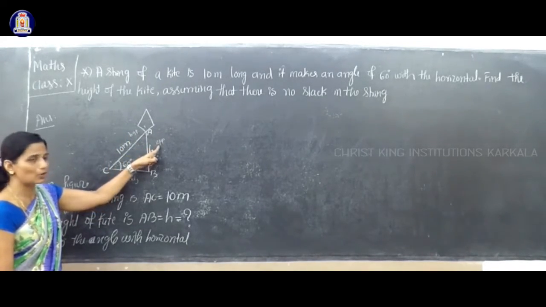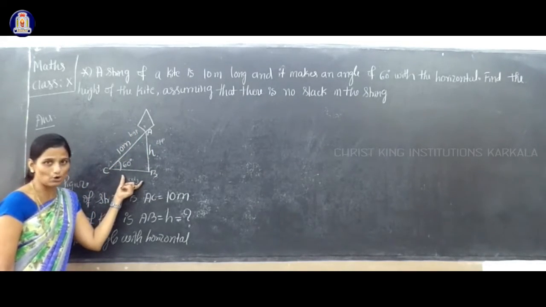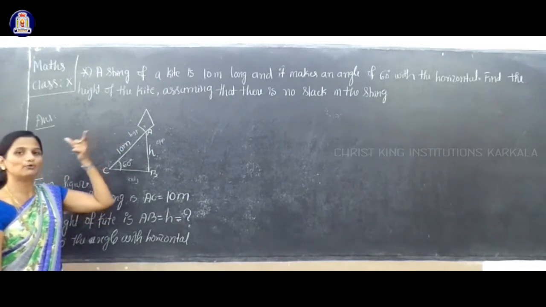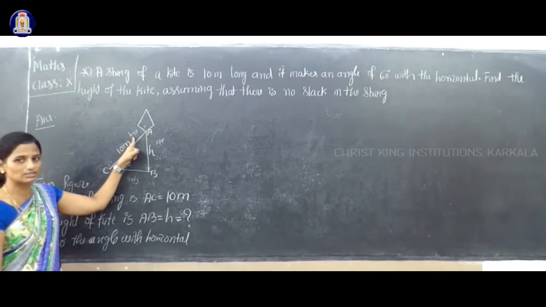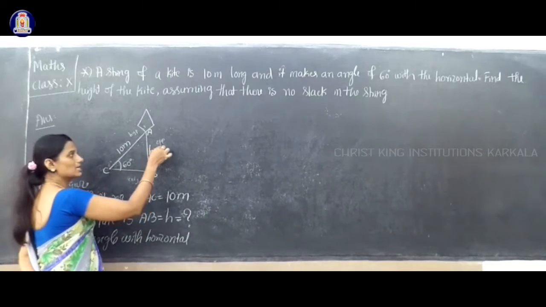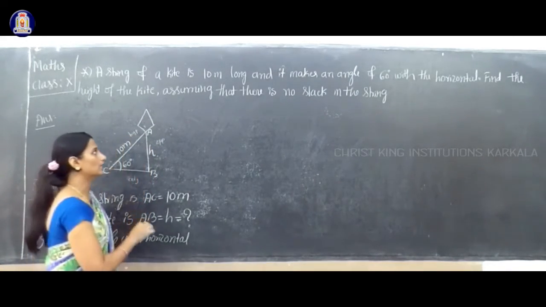So concentrate on the opposite and hypotenuse sides. The adjacent side is not given, so don't bother about it. Now identify the trigonometric ratio with the opposite and hypotenuse sides. Sine is better, because sine theta is equal to opposite side over hypotenuse side.